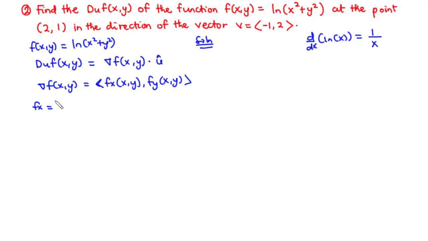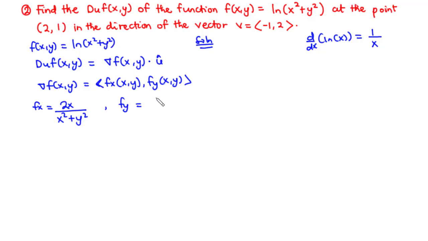So basically, to find the partial derivative of the function with respect to x, we are going to differentiate the expression inside here with respect to x. So we differentiate x squared, we have 2x, and then we differentiate y squared, that goes to 0. So divided by x squared plus y squared. And then for fy, we differentiate this with respect to y. This goes to 0.